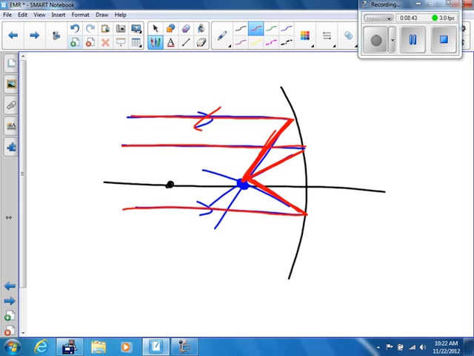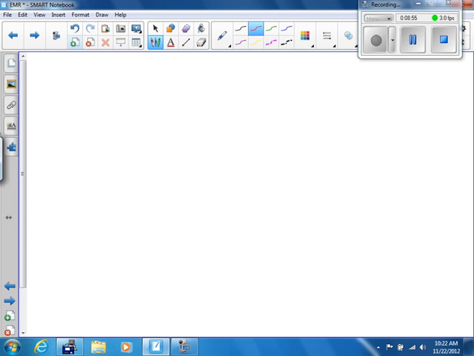The further an object producing waves, EMR waves, is away from the receiver, the more parallel the rays are. Let me draw a little picture of that. Here's my satellite receiver. Here's the focal point of the satellite receiver. Here's an object. Rays coming from that object are going to go in every which direction, right?